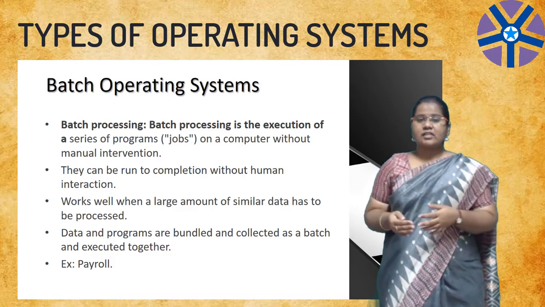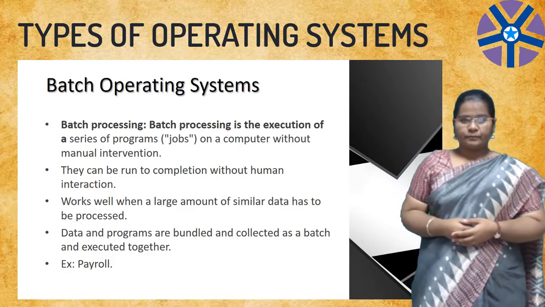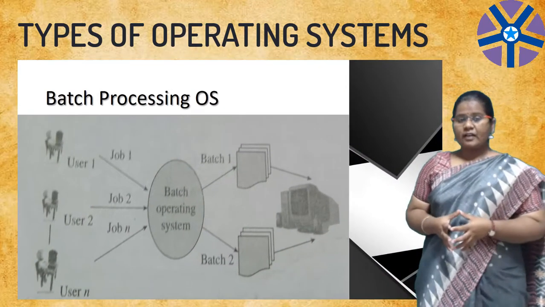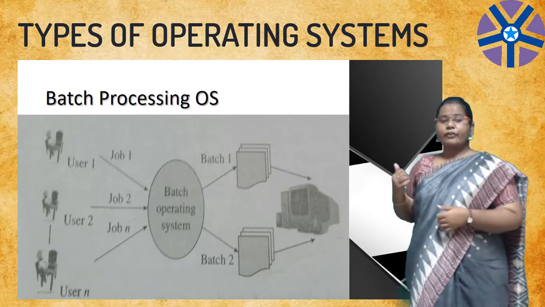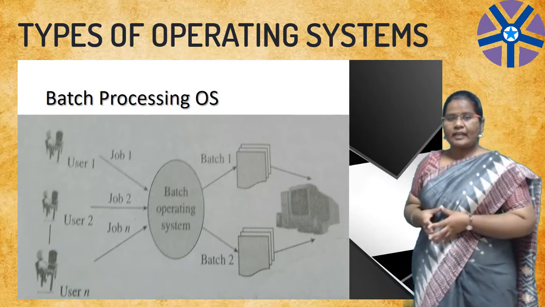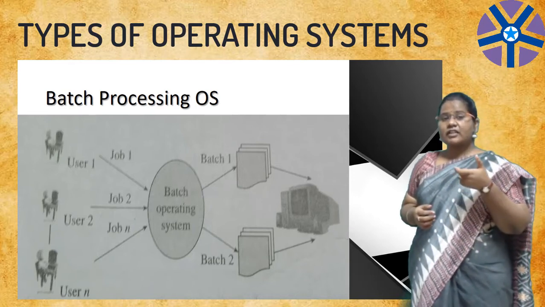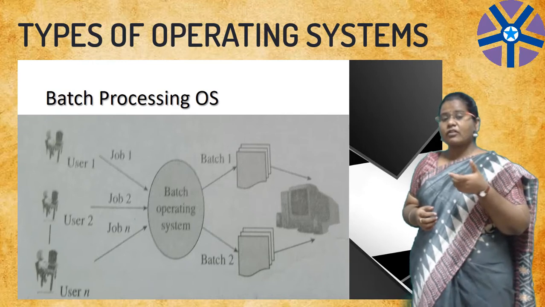You can see this in a diagrammatic format. If you observe this diagram, there are a number of users. Think of each user as a faculty member or an employee. Job one consists of the 30 days of data of the first user.